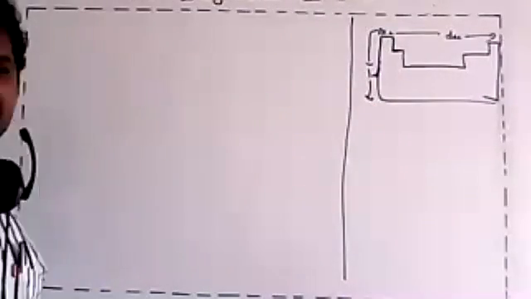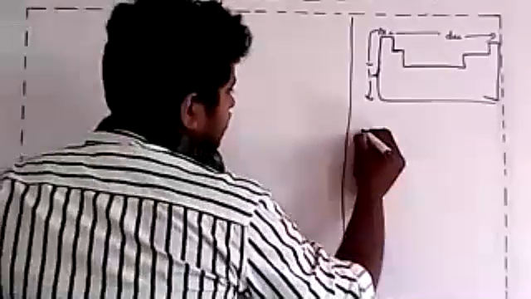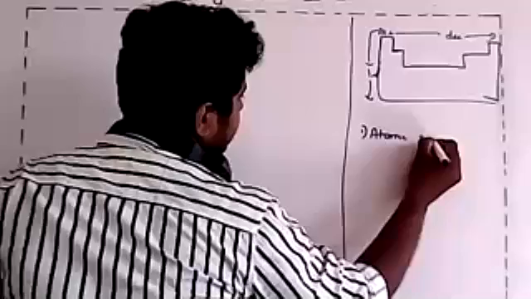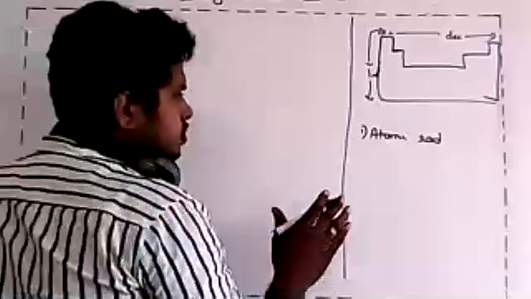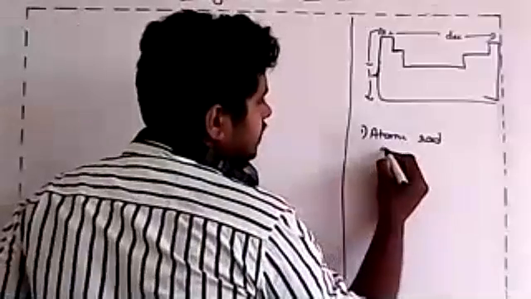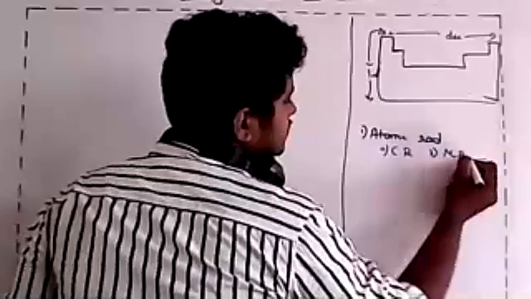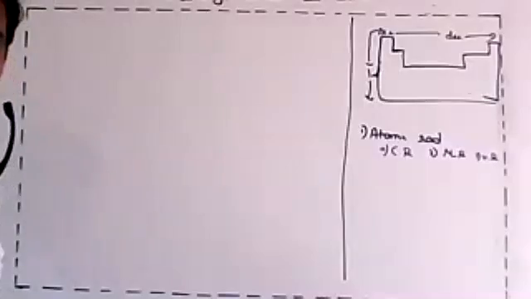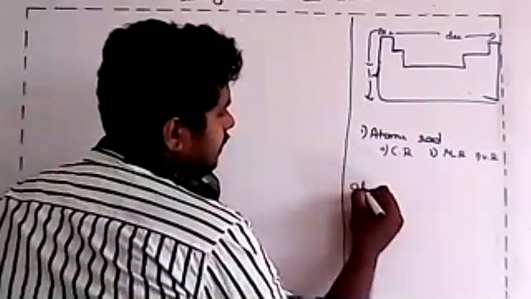So dear students, I'm just having a quick revision of what we have discussed till now, and that is atomic radius, which is usually not measured directly. For the measurement of the atomic radius, we are mainly dependent on the covalent radius, metallic radius and van der Waals radius.